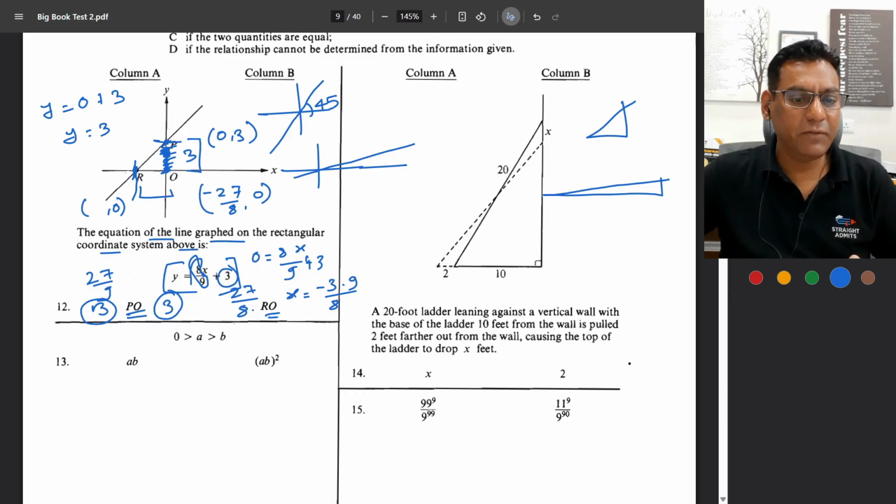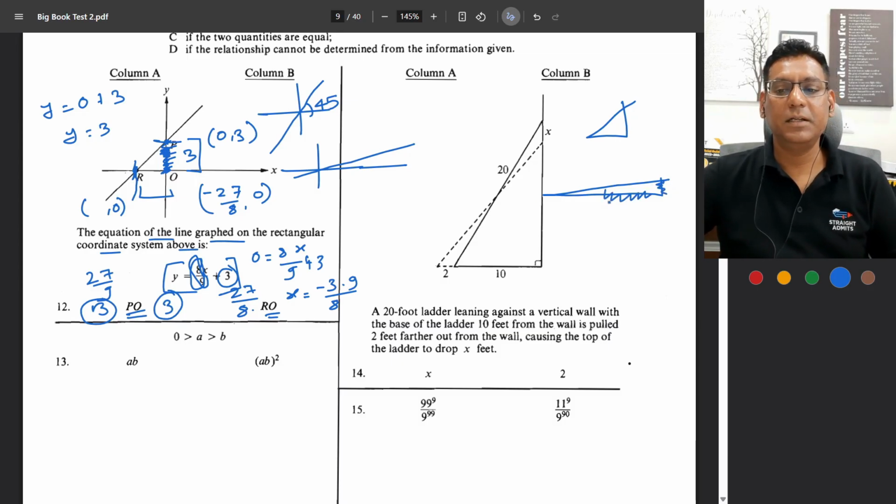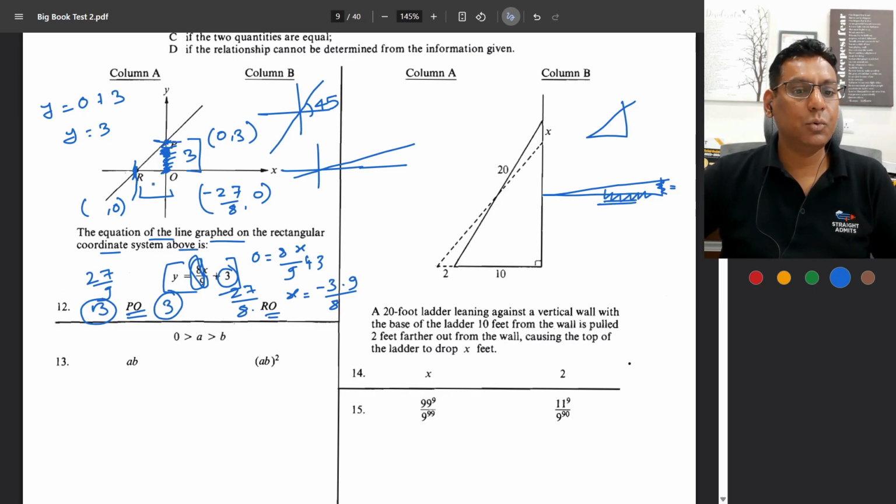This is at least very close to 1. But just to make the point, I'm showing it this way. That means this number is always going to be bigger than this number. This distance is going to be bigger than this distance. That means RO is going to be bigger. That's what we found out here also. You could do it either way. This was the more intuitive way.